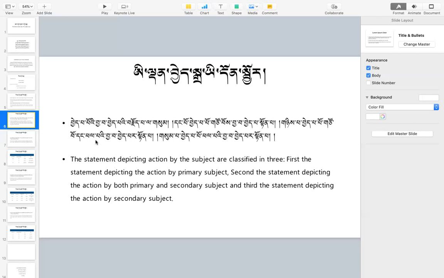For example, if the primary subject is a carpenter, then the ruler will be the secondary subject that is used by the carpenter. If a person is the primary subject, then the body parts like the hands, the feet, or something intangible such as the mind could be the secondary subject.